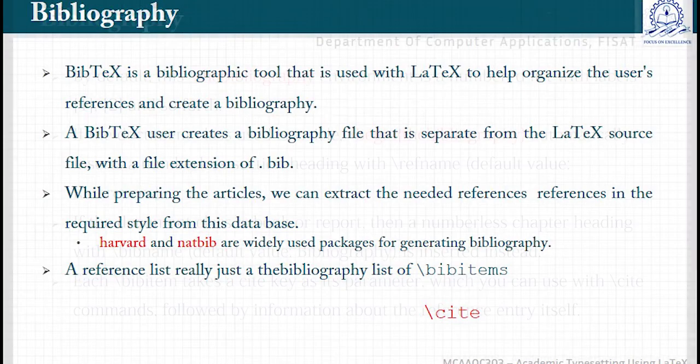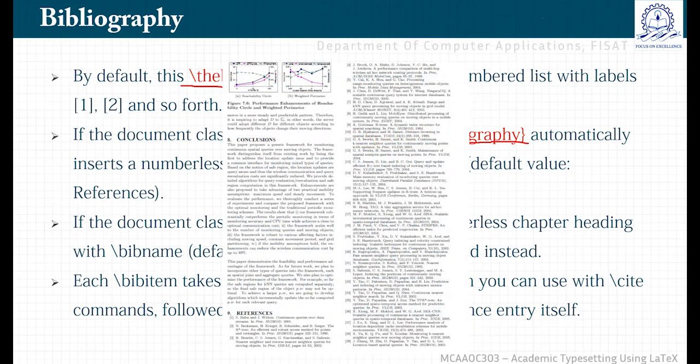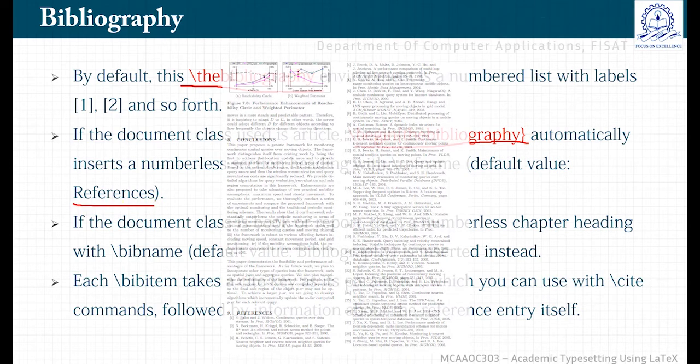By default, the bibliography environment is a numbered list with labels 1, 2, 3, etc. If the document class used is article, then \begin{thebibliography} automatically inserts a numberless section heading with the title References.